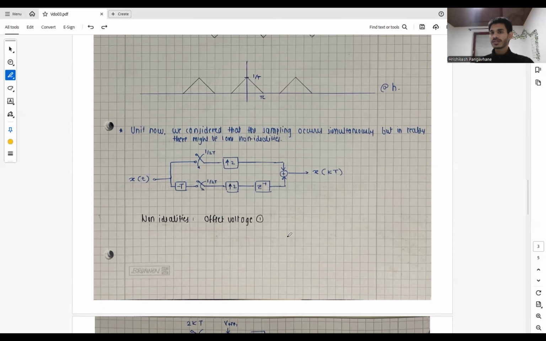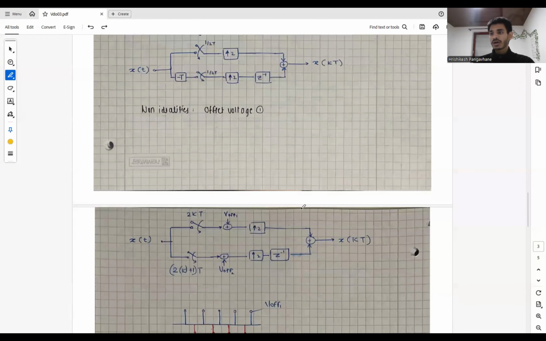While taking that difference, we always have some V offset. That's the error which deviates from the actual difference, and it's a parameter of designing components. Components do come with offset voltages, and due to those, non-idealities occur in our circuits.